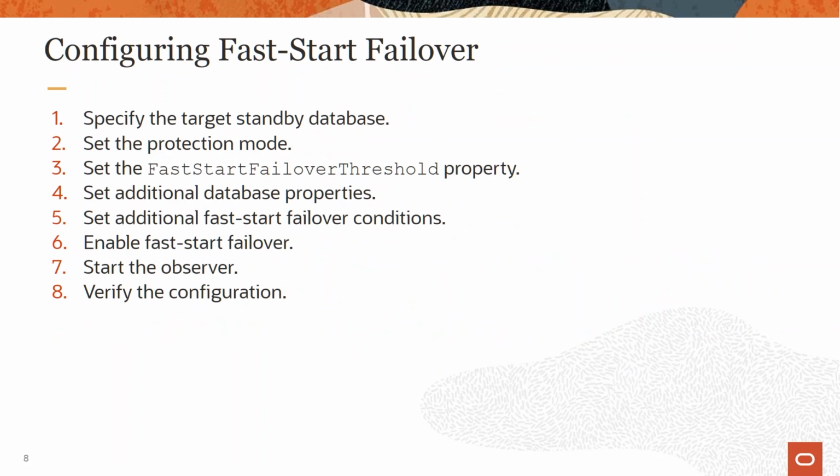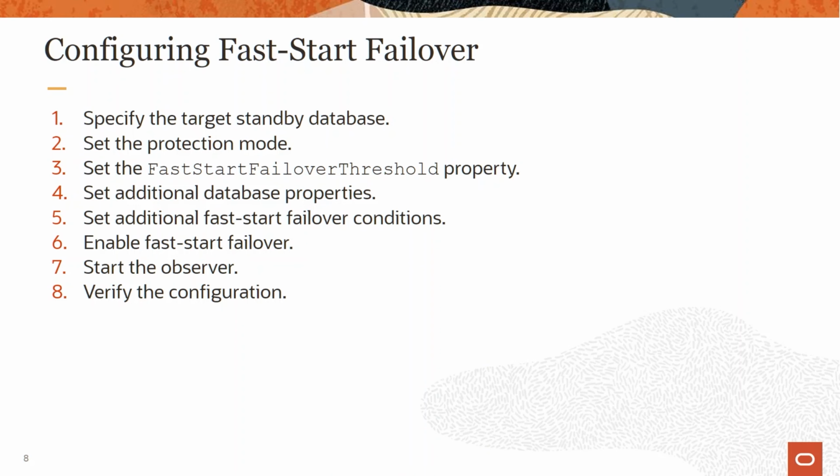So here we have the outline. Number one, specify the target standby database. Number two, set the data protection mode based on your requirement. And set the threshold. And also, you can set additional database properties and conditions.